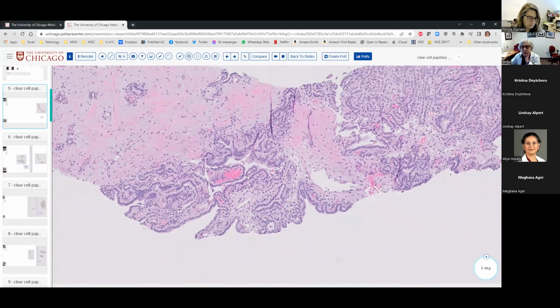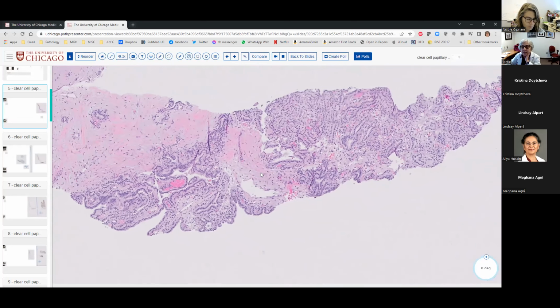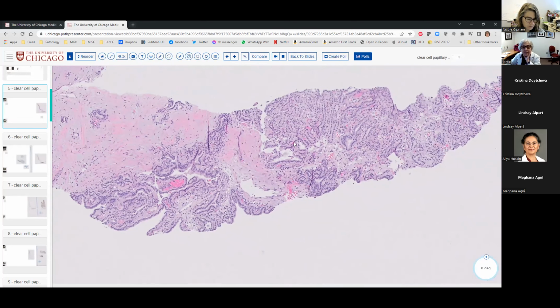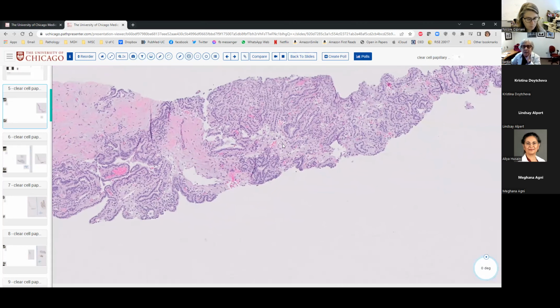Now, differential diagnosis obviously is something with clear cell and something with papillary structures. Therefore, we are talking about clear cell RCC, translocation RCC, clear cell papillary RCC type 1, and so on and so on.